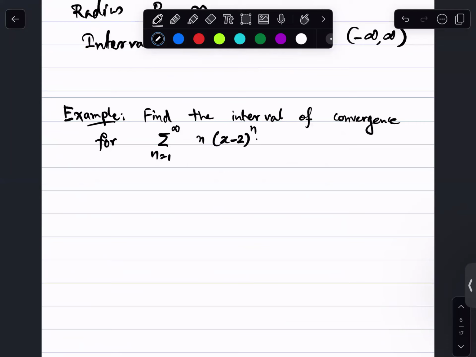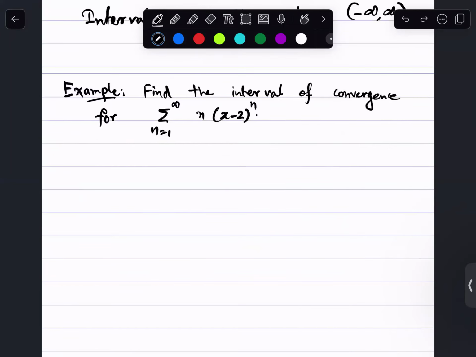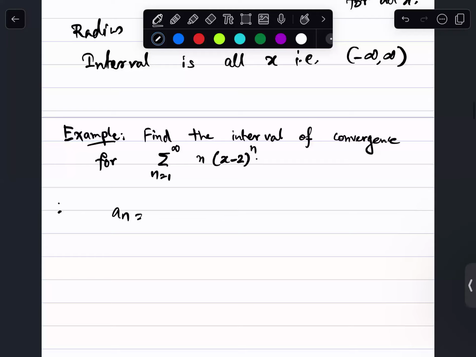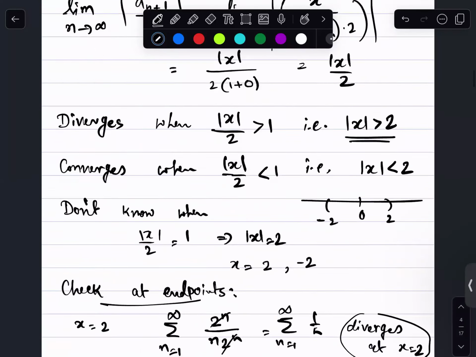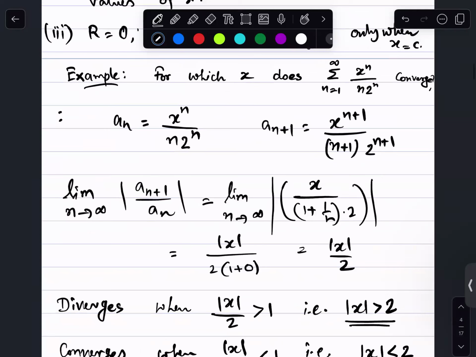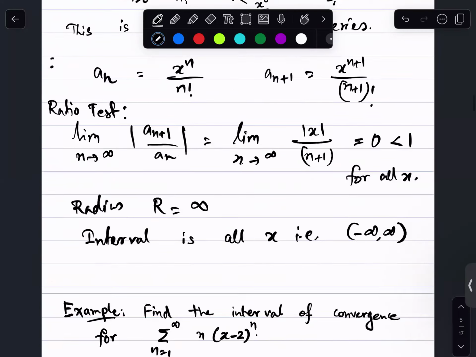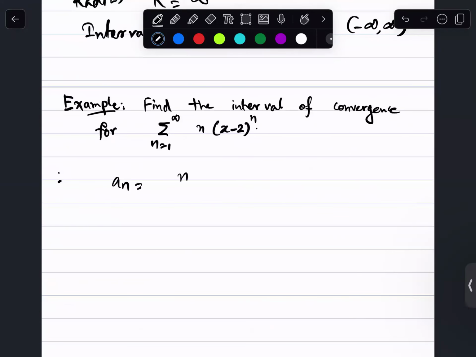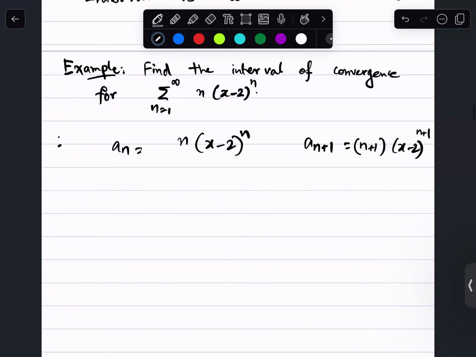Okay. Next example. Here I have a series centered at the point 2, right? I got it from x minus 2. Okay, so again, the same thing. Now let me write here, ratio test. So for the third example, my an is n times x minus 2 to the n, okay? And an plus 1 is n plus 1 times x minus 2 to the n plus 1.